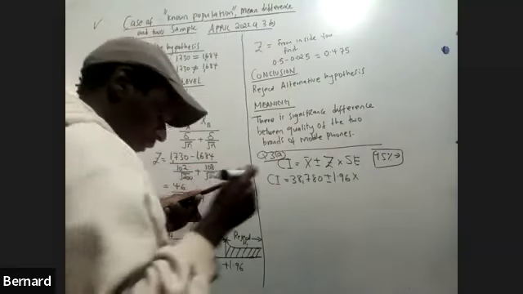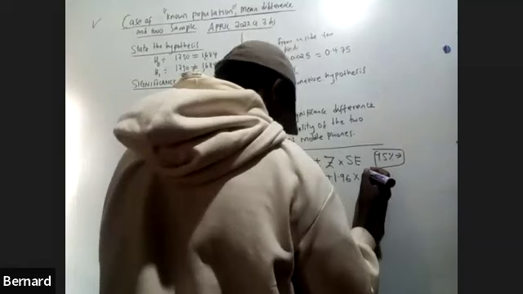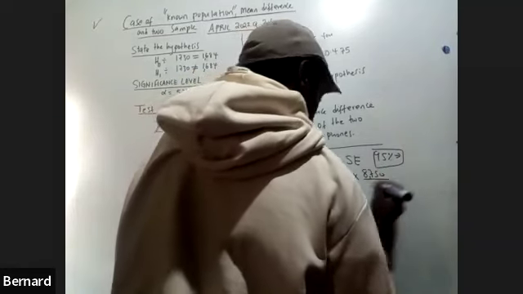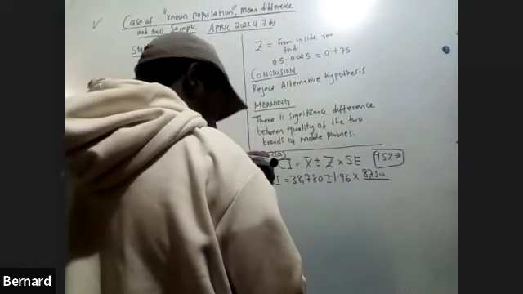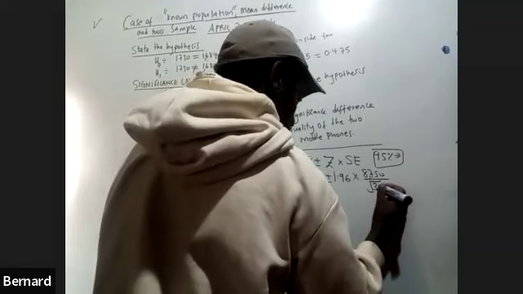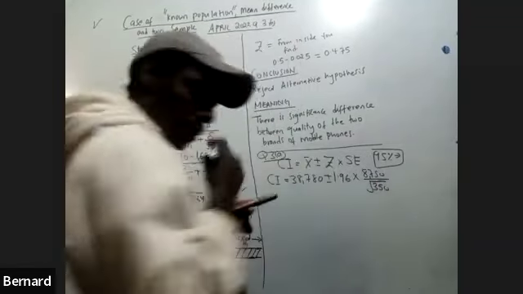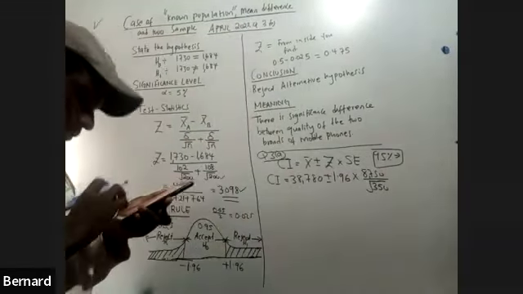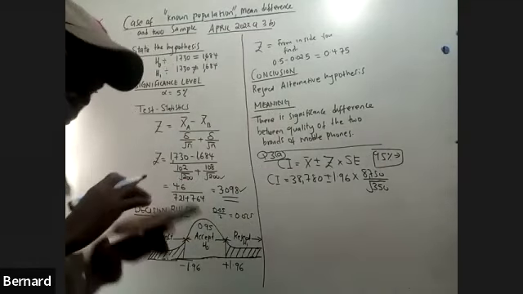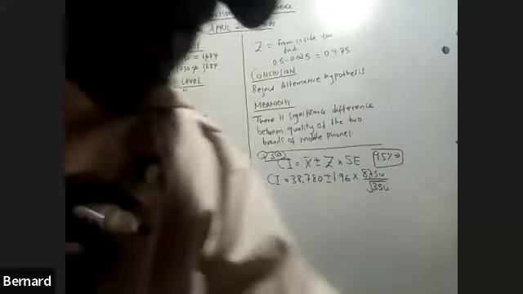The standard error is the standard deviation, which is 8750, over the square root of 350. So that is how you find part A.